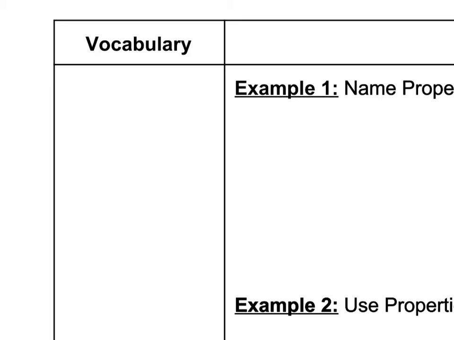Let's take a little vocabulary and talk about the reflexive property. The reflexive property is exactly what it sounds. If you look in a mirror, what do you see? You see your reflection.